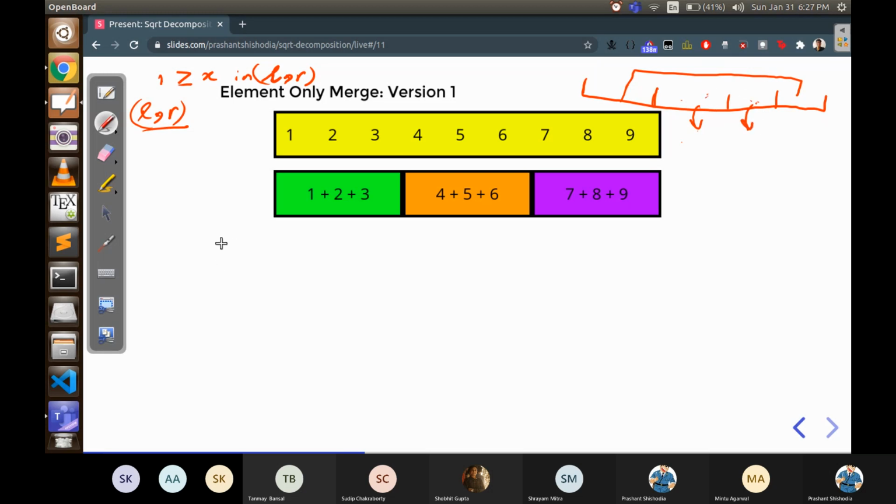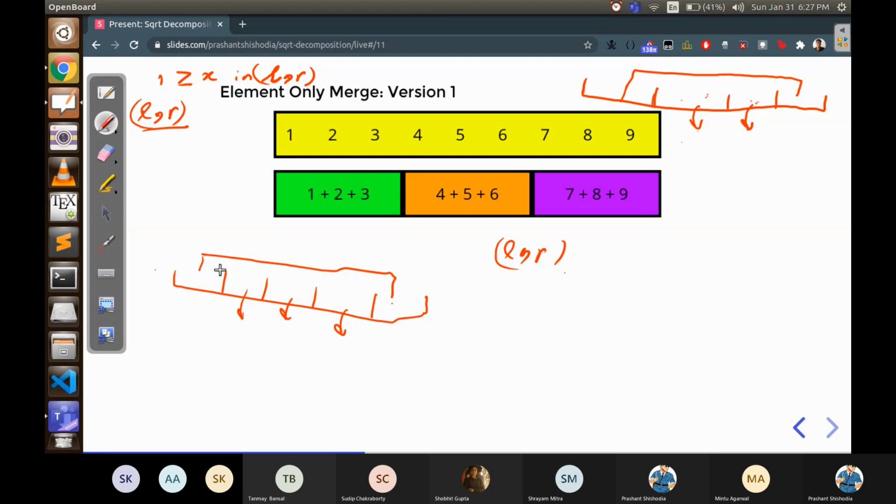Suppose consider an easy example where you are given an array and you are given queries L R, find the number of inversions in range L R. Can you do it with square root decomposition? Suppose you try. You have the number of inversions here, here, and here, and this is my query.